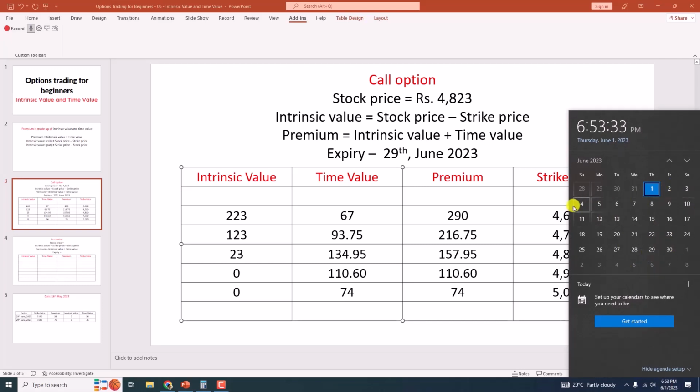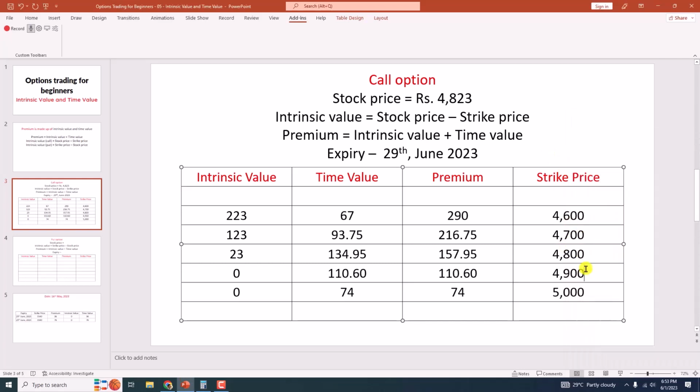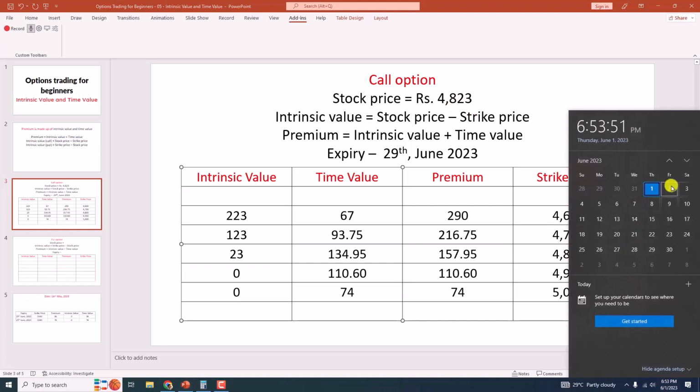I have these many days to achieve the target. Current stock price is 4823. I want it to move above 4900, and for that to happen, I still have plenty of time here, correct?